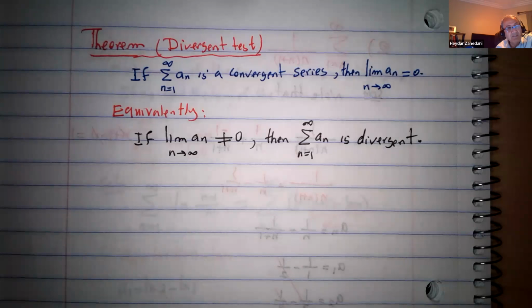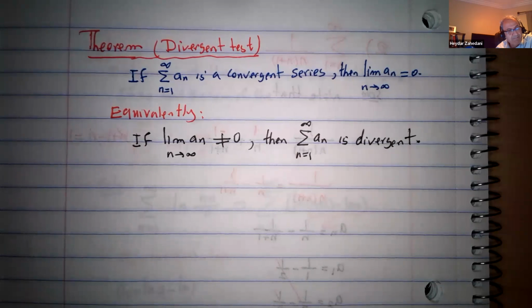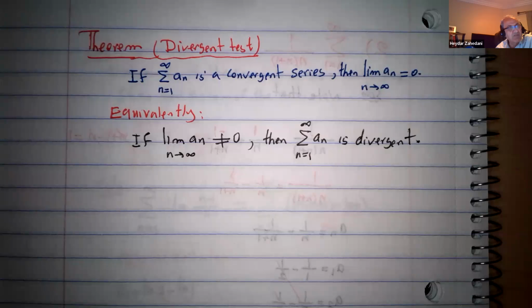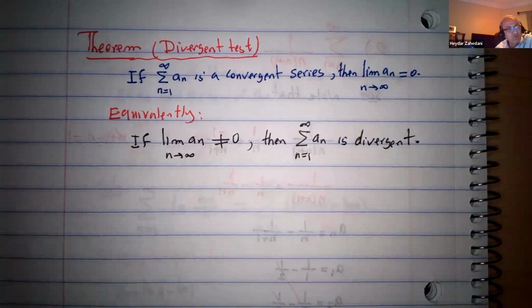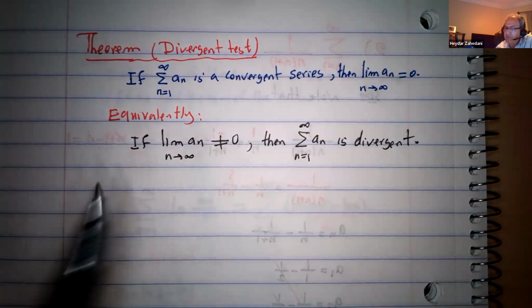Such a nice test. It helps you quite a lot in future problems, where you can reject a series right away. So if they give you a problem and ask you to check if this series is convergent or divergent, I always recommend checking the limit of an.